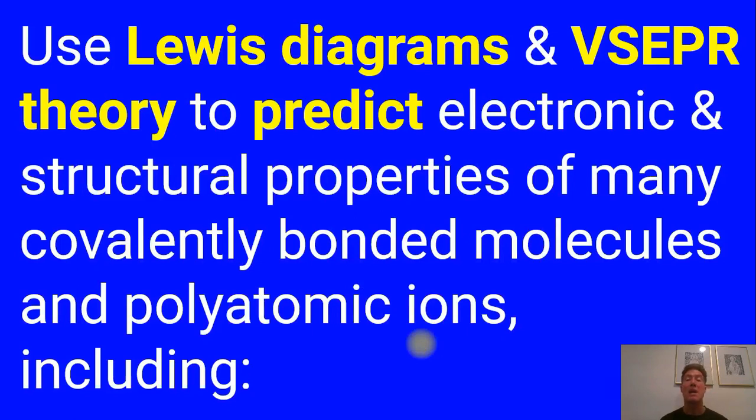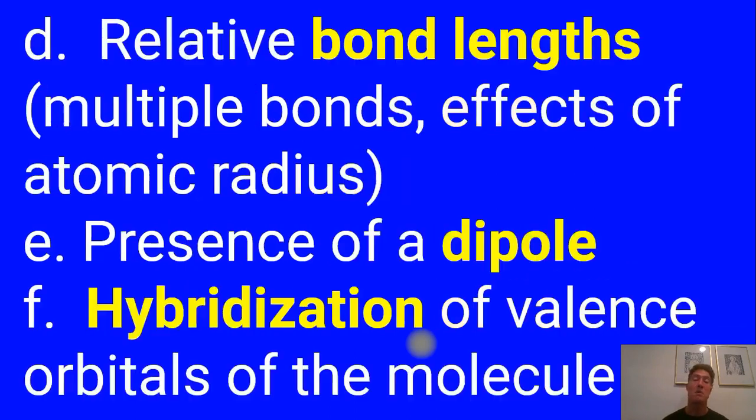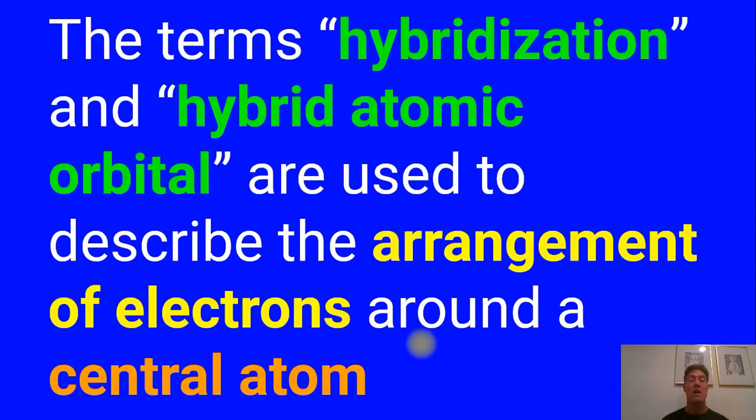So this allows us to predict a ton of structural properties of molecules, including molecular geometry, bond angle, relative bond energies based on bond order, whether it's a single bond, double bond, or triple bond, relative bond lengths, the presence of a dipole, which is a net electric charge on the molecule, and hybridization of the valence orbitals of the molecule.